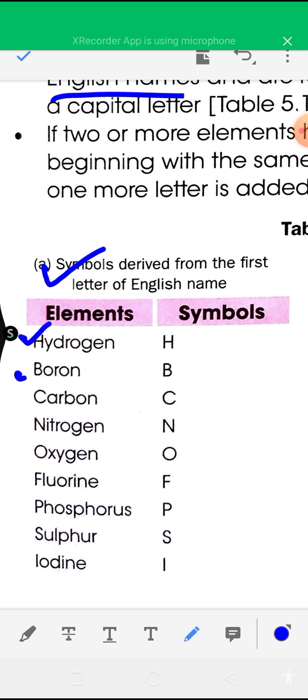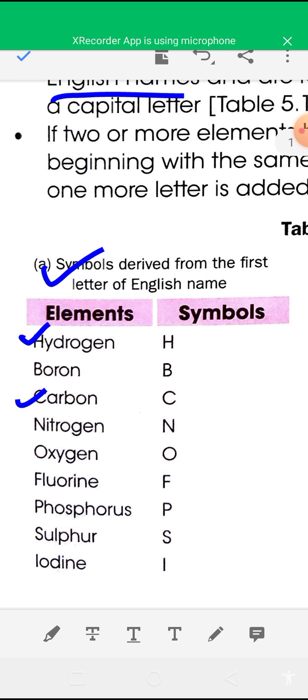For example, hydrogen is H, boron is B, carbon is C, nitrogen is N. You have to read these symbols.